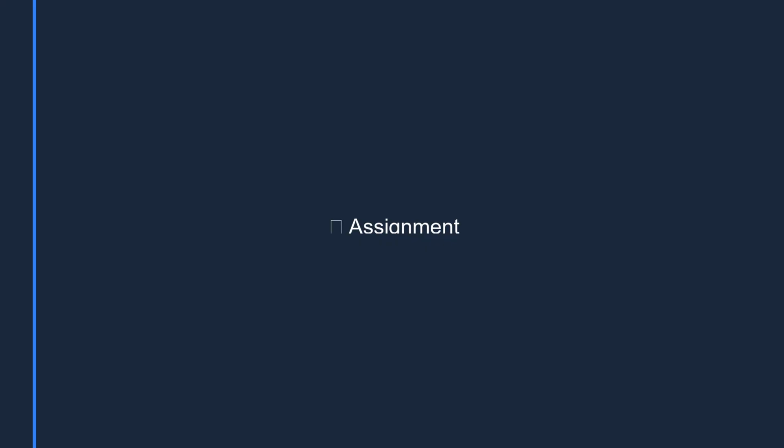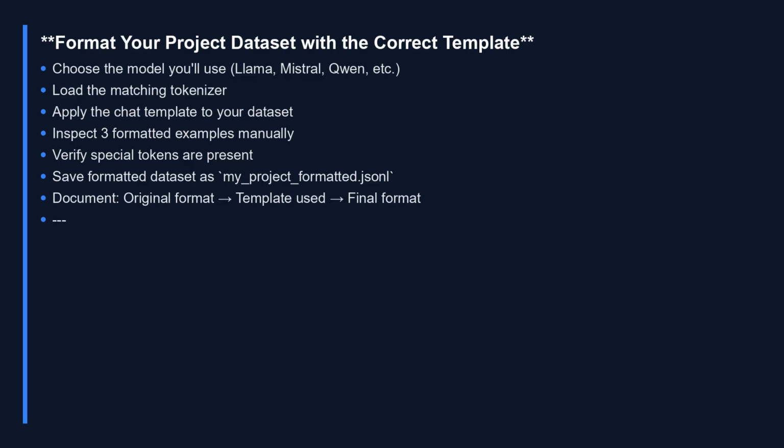Assignment. Your assignment is to format your actual project dataset with the correct template for the model you've chosen. Pick your model, Llama, Mistral, Qwen, or another, and load its matching tokenizer.